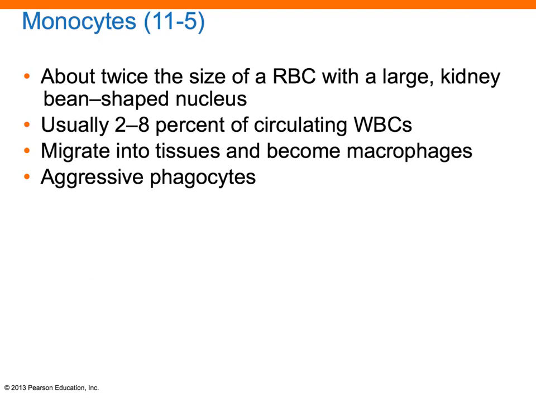They usually make up about 2 to 8% of the leukocytes in a blood sample, and they live for several weeks or even months, and they are very aggressive phagocytes. They are macrophages that phagocytize bacteria, dead cells, and other debris, so they're very aggressive.